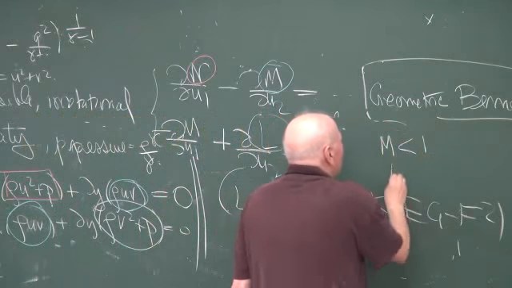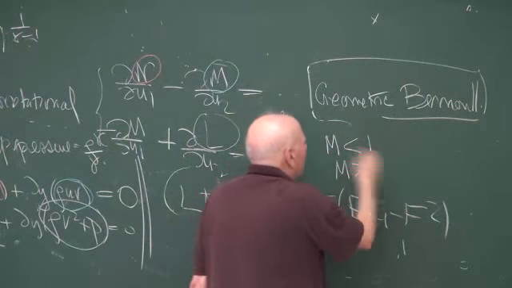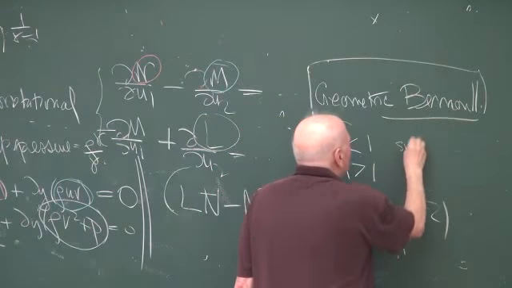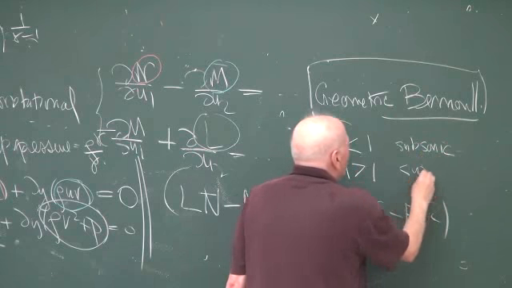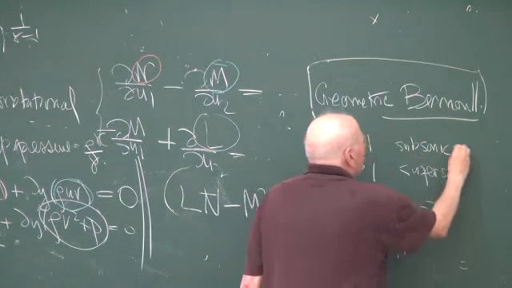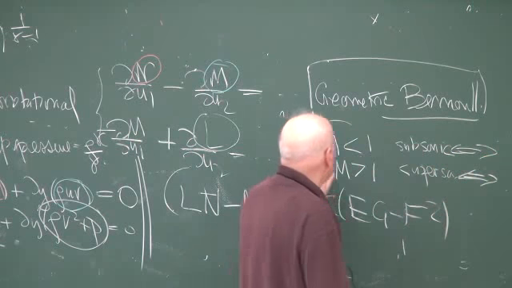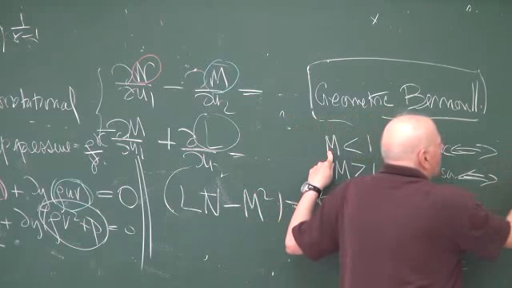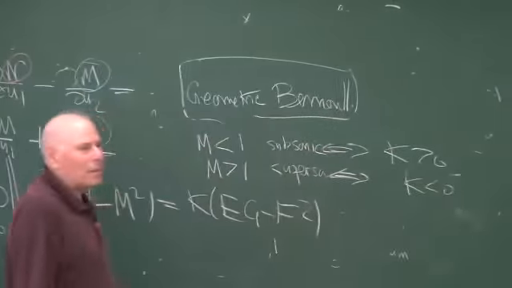So in gas dynamics, m is the Mach number. Okay, and this is subsonic. And I'll stop in a minute. And this is supersonic. One-to-one. What does that translate into here? Gauss curvature positive, Gauss curvature negative.